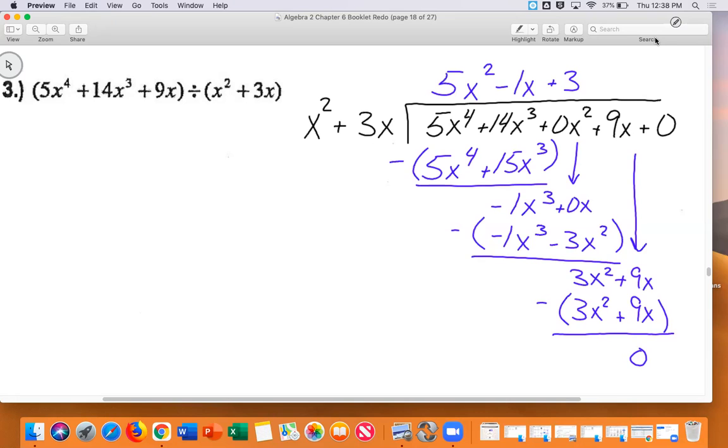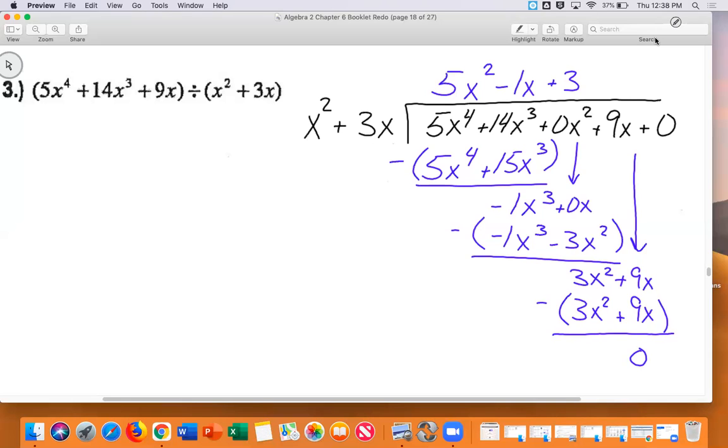All right. Now, what's the difference between the first two problems we did and this one? Pretty easy to see the difference, right? This one doesn't have a remainder. It's what Jay said, right? Now, what does that mean when it doesn't have a remainder? Anybody want to guess? All real numbers.